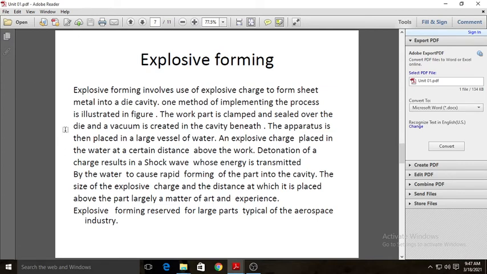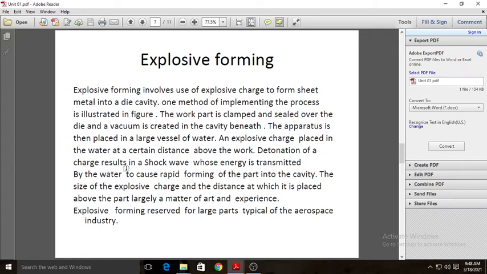Here you can read, explosive forming involves use of an explosive charge to form a sheet metal into a die cavity. One method of implementing the process is illustrated in the figure. The work part is clamped and sealed over the die, and vacuum is created in the cavity beneath. The apparatus is then placed in a large vessel of water and the explosive charge is placed in the water at a certain distance above the work.